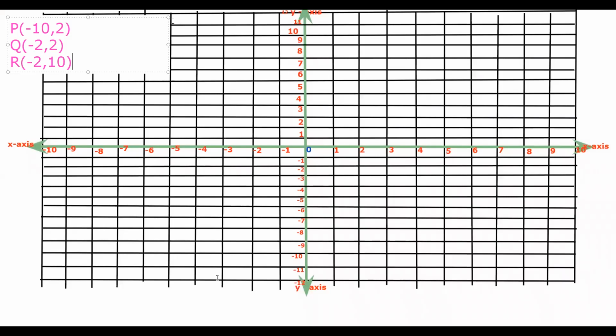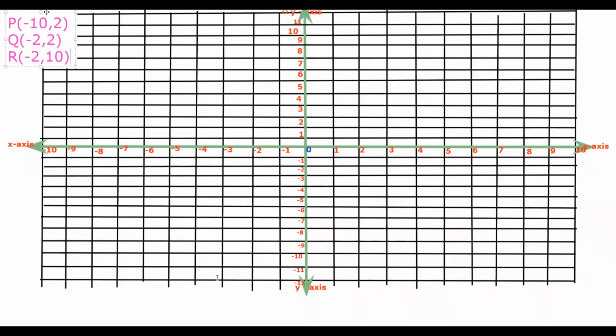So we are going to plot this one before you do the reflection on the x-axis or on the y-axis. Now looking at the first point, which is point P, for the last question that you are solving, it is negative 10 and 2. The first number always belongs to the x, the second number belongs to the y.